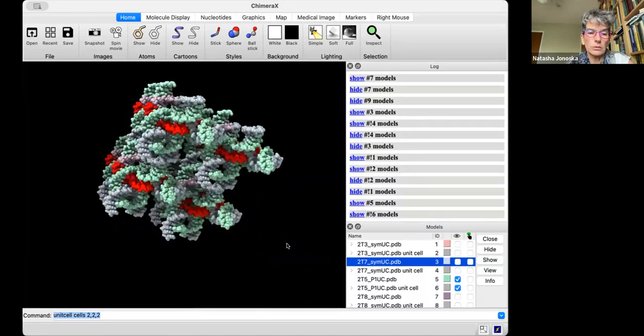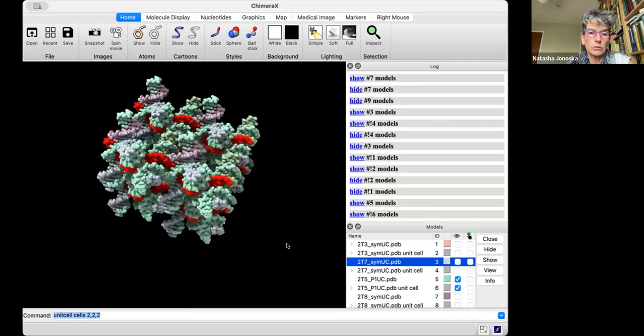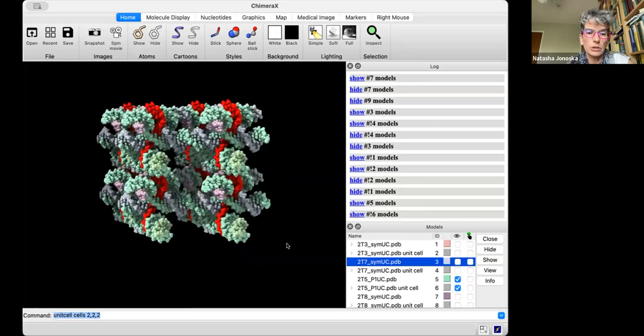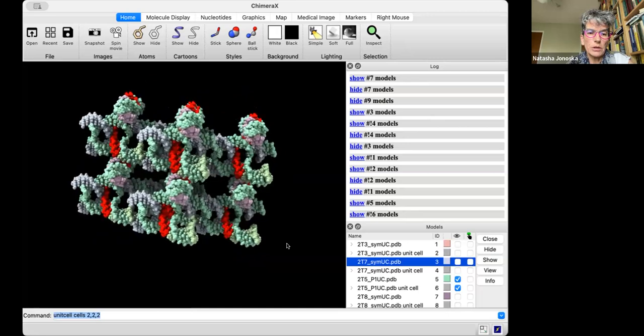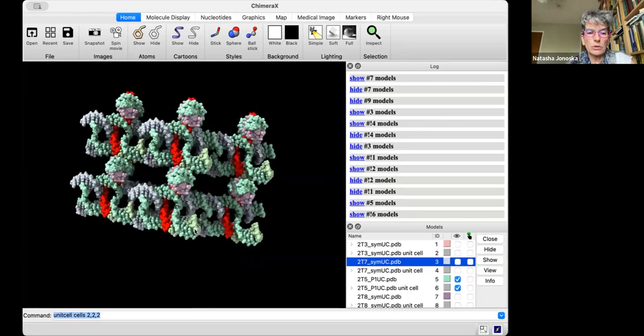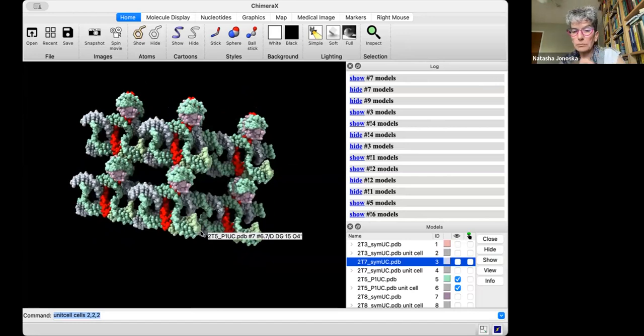Let me see if I can find a nice location to see it. As you can see, maybe here, there's this row, and also this opposite one going through the screen. It's more or less 2-dimensional. All of the DNA is going 2-dimensional. There's nothing that goes in the 3rd dimension here.